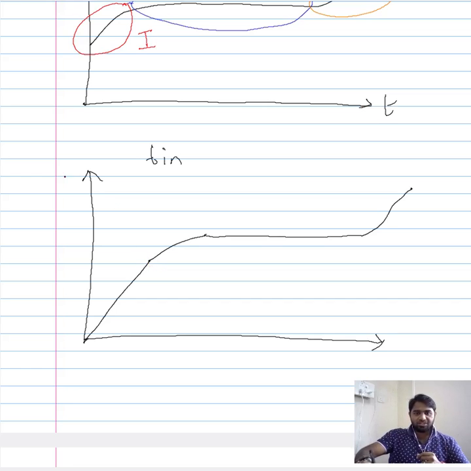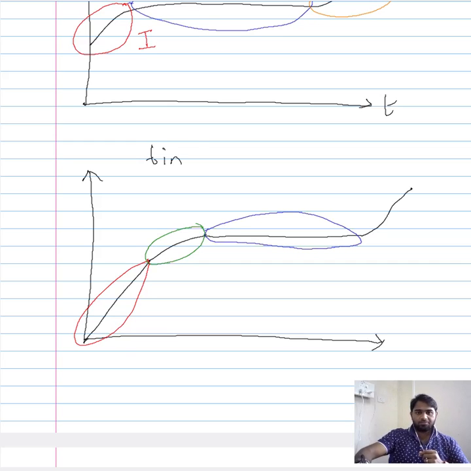The first stage would be the instantaneous creep. The second stage, let's use the green here, would be the transient creep, the third stage would be the steady state creep, and the final stage would be the accelerating or the ternary creep.